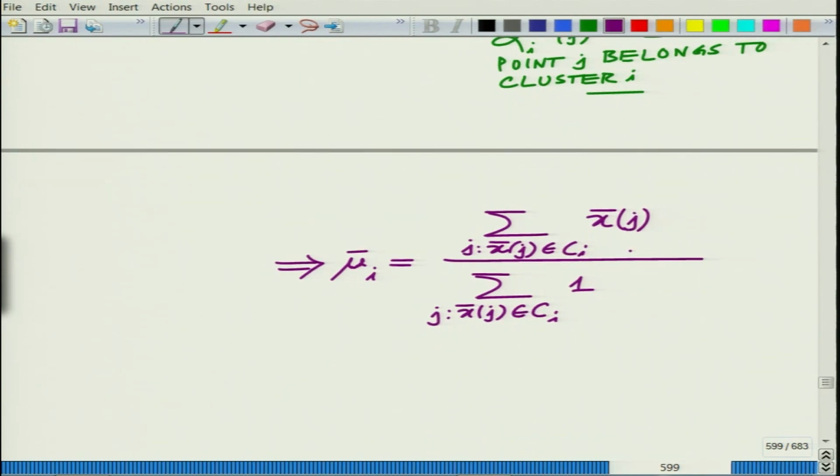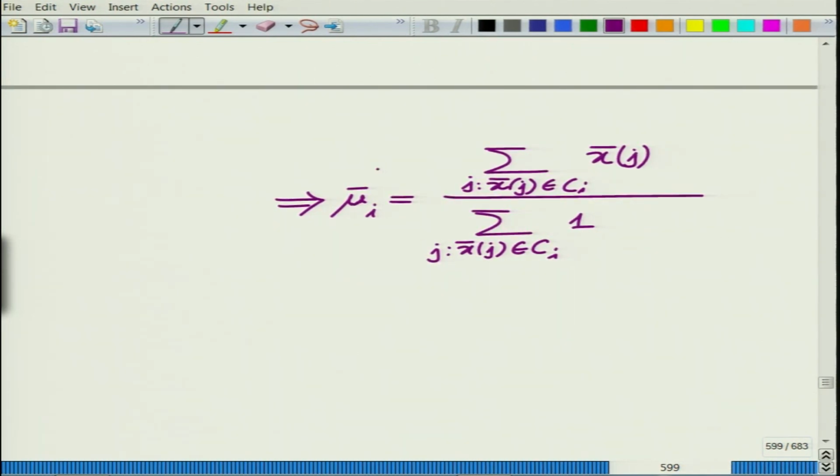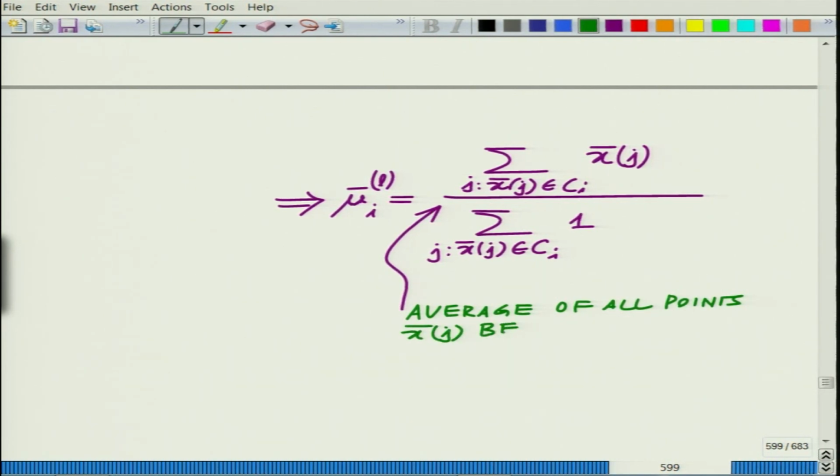If you look at this, and this is the lth iteration, it is simply the average or the sample mean of all points x bar j belonging to cluster i.